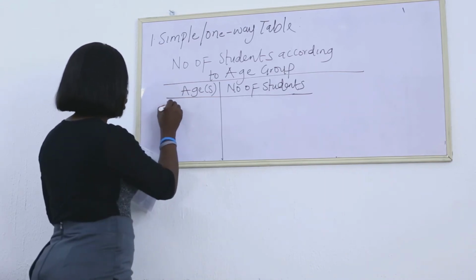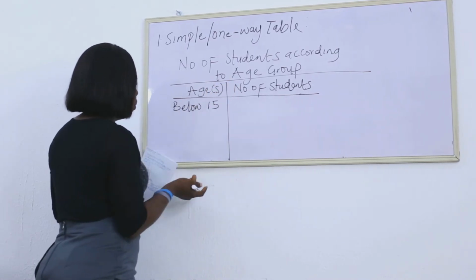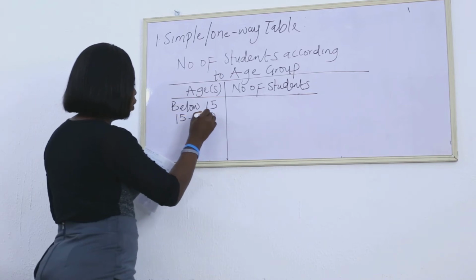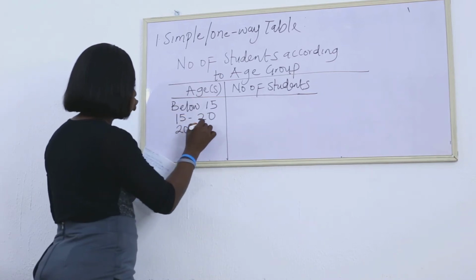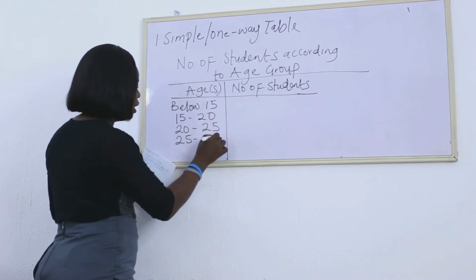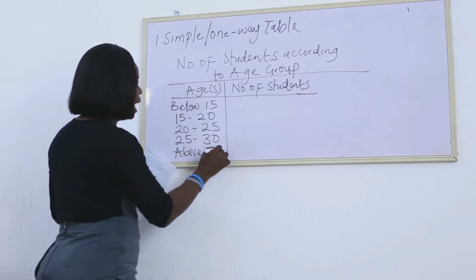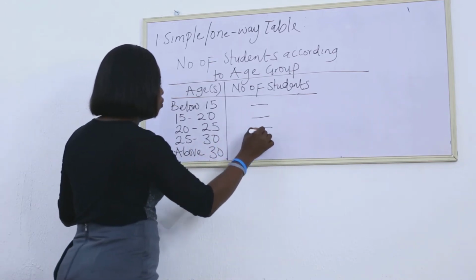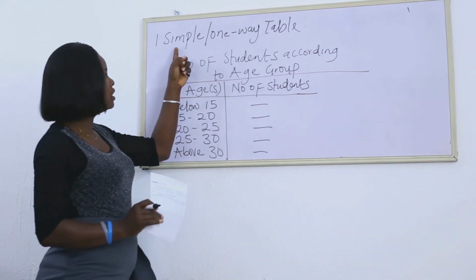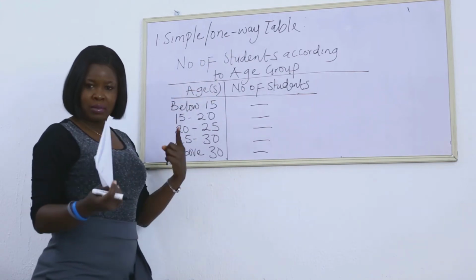Let's say below 15. There are some students that enter university below 15. Then we can say between 15 and 20, 20 to 25, 25 to 30, then above 30. This kind of table is an example of a simple or one-way table that shows a single characteristic.